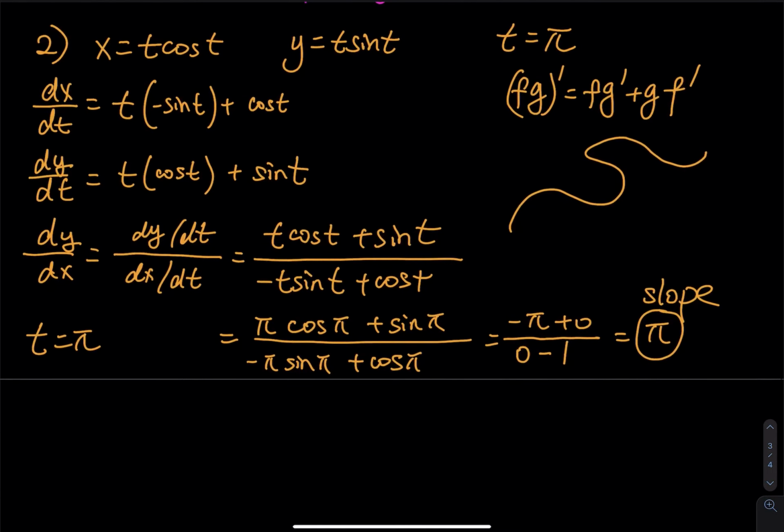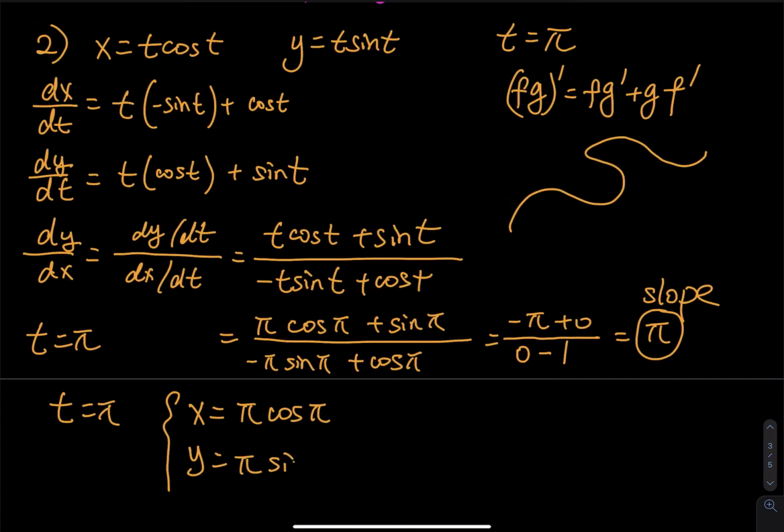Yes, you don't have the point yet because you haven't plugged t back into the parametric equation. So when t equals pi, the parametric equations x equals t times cosine t, and y equals t times sine of t, give negative pi, and sine of pi is equal to 0.